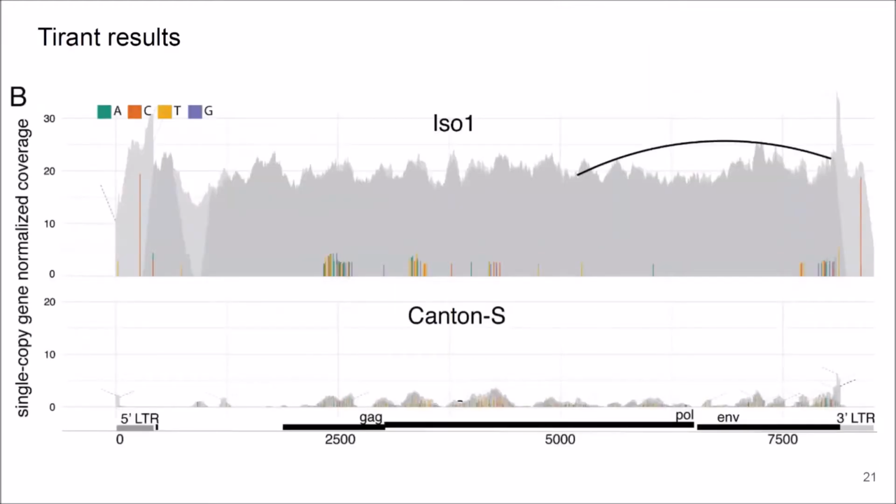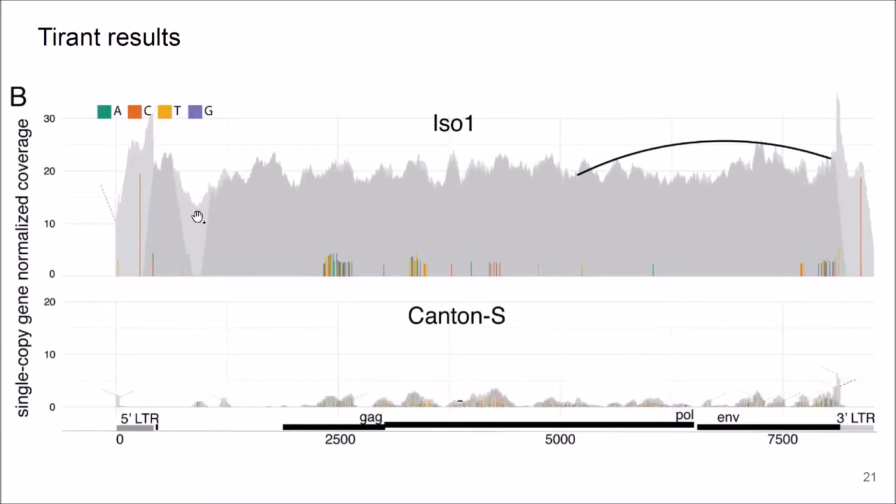And if you look at the abundance of Tirant in ISO1 and Canton S, similarly to the plot that I've shown previously for the P element and the I element, you can see that Canton S actually has some sequence remnants of Tirant. So you can see that there's some mapping. It's not like the I element, the P element, where everything was completely absent, but everything that we do see here has a lot of these colorful bars, so SNPs.